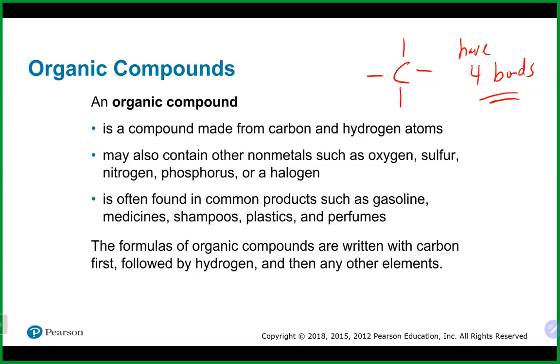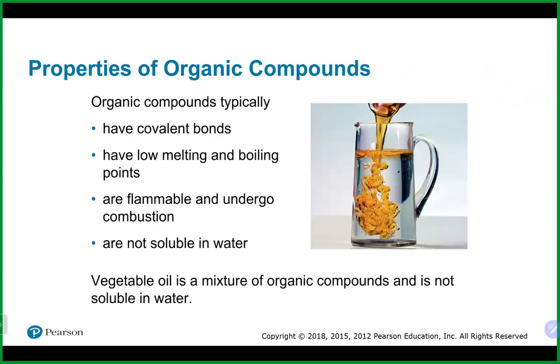So they may end up with a polar group, even though a lot of it is nonpolar. There will be a section that is able to interact with water. So by changing out some of these hydrogens for other elements, we end up with different properties for these organic compounds, based on what's attached.